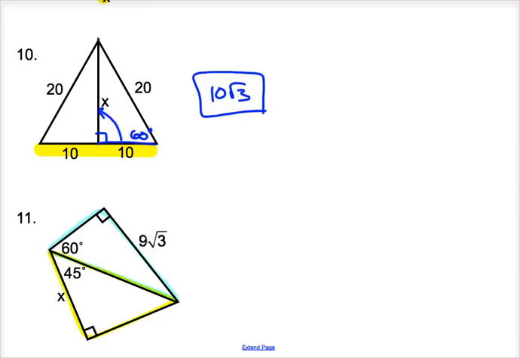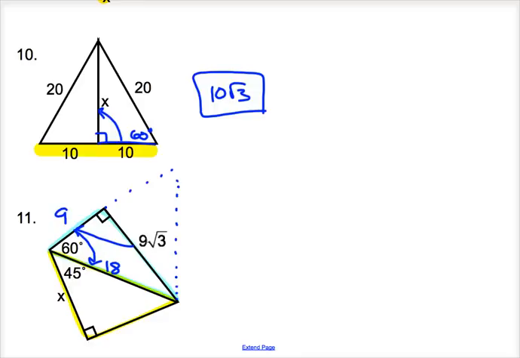So in my mind, I'm imagining that I have an equilateral triangle that looks like this. So the first thing I need to do is go from 9 square roots of 3 to this shorter side here, which means I should divide by the square root of 3. 9 square roots of 3 divided by the square root of 3 is going to be 9. Now if I go to this side length here, which is double, it's 18.